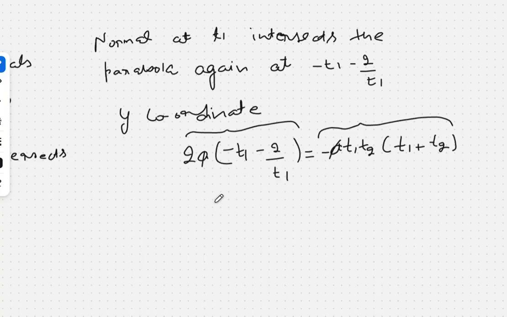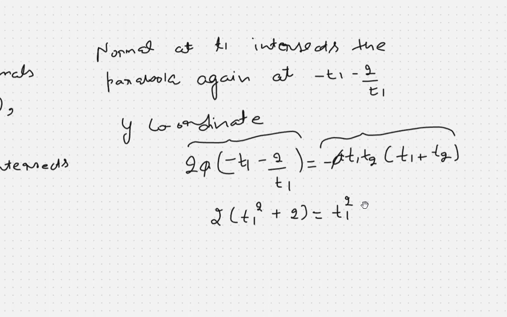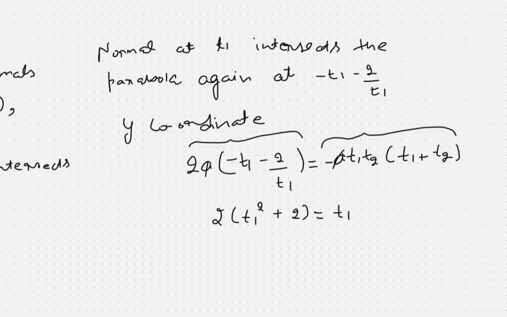So we will be getting 2 into t1 square plus 2 is equal to t1 square t2 into t1 plus t2.